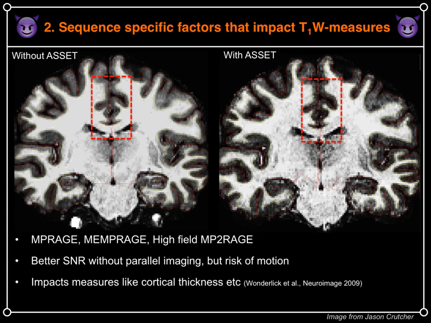So if you want to keep the scan short, you can use ASSET, get two sets of ASSET images, and average them, and you get better images. So whether you should use acceleration or not is something you want to consider before you start a project. It depends on the nature of the project, the kind of patients that you're using, and so on.